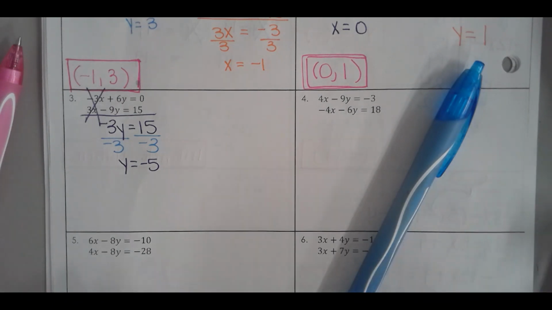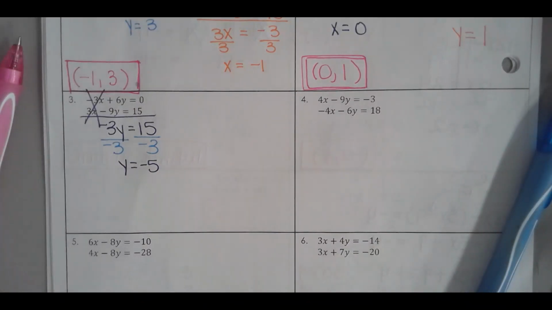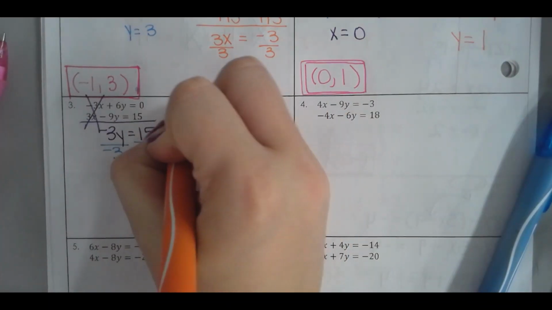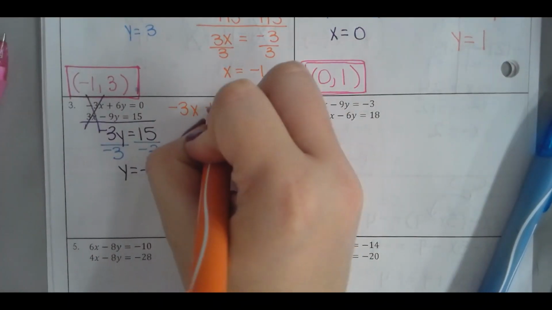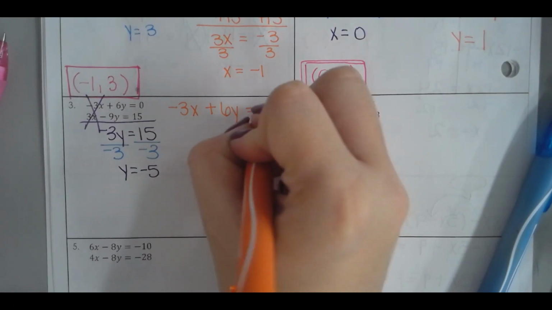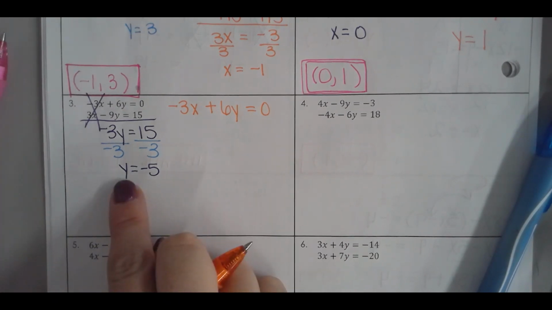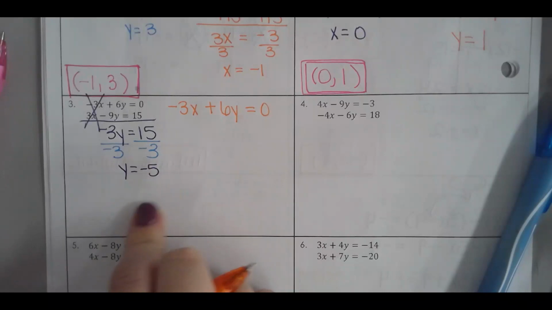And I have to plug that back in to either equation. Which equation do you all like better? I heard the first one first. -3x plus 6y equals 0. And I know, because I just found out, that y is -5.